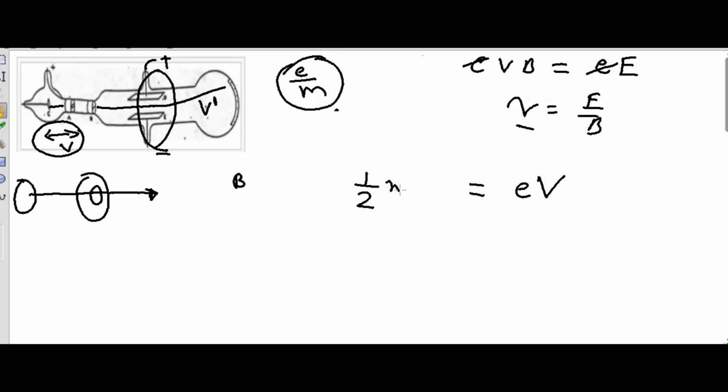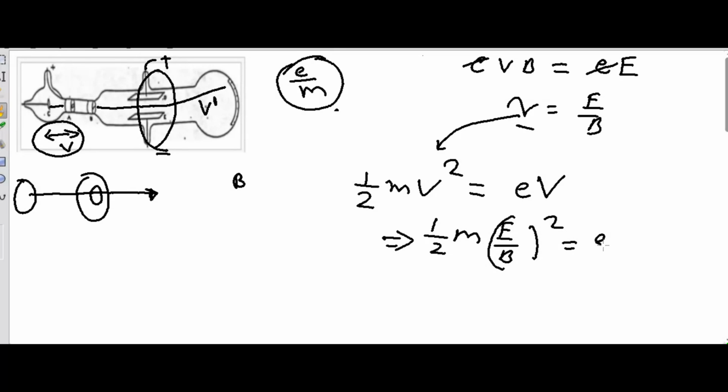The kinetic energy of the electron is half mv squared. So from this we get half m times v squared, and if I substitute the value of v, E by B whole squared, it is equal to eV.